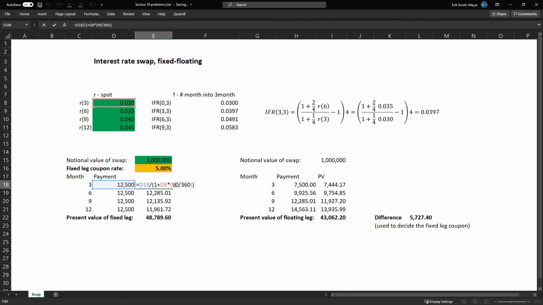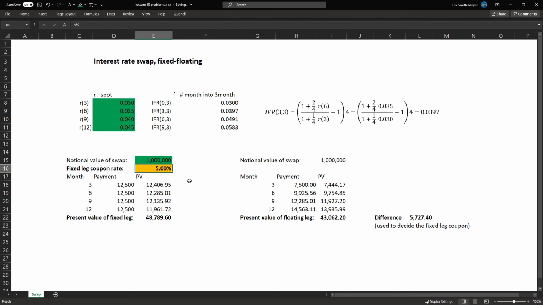This is the 3-month spot rate, and we sum the present values of the fixed leg. The present value of the fixed leg compared to the floating leg makes a difference of 5,700, which means that our fixed leg coupon rate is too high.